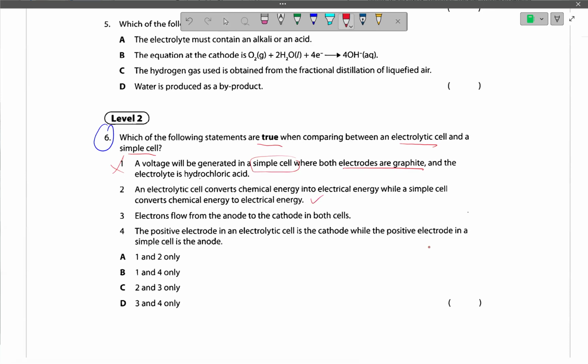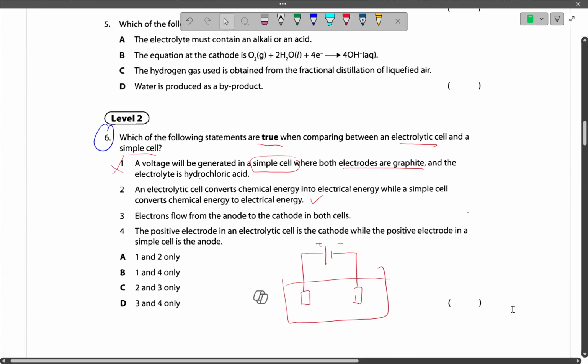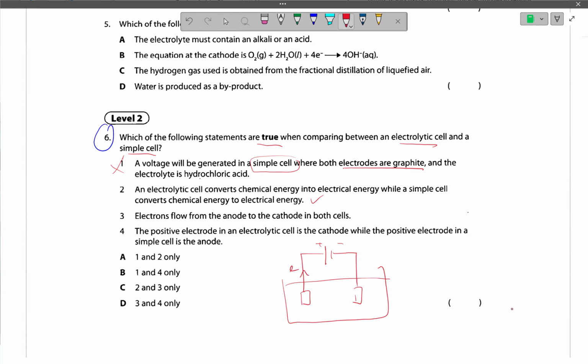Electrons flow from anode to cathode in both cells. Let me think. Anode to cathode. Yes. Because if you look at this electrolytic cell, this is plus and minus, and regardless of the electrode, like in this case, let's say it's an inert electrode, you realize electrons will flow out. And this side is where the anion is, for example chloride, let's say concentrated chloride.